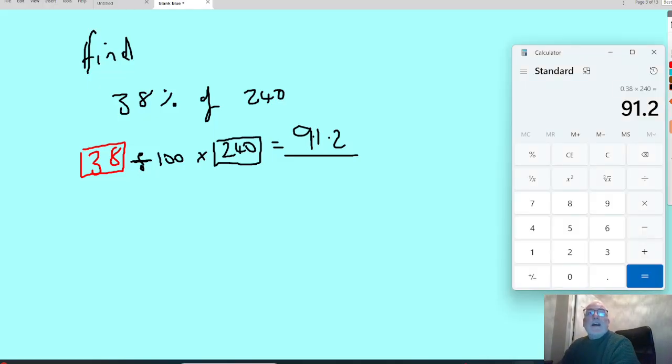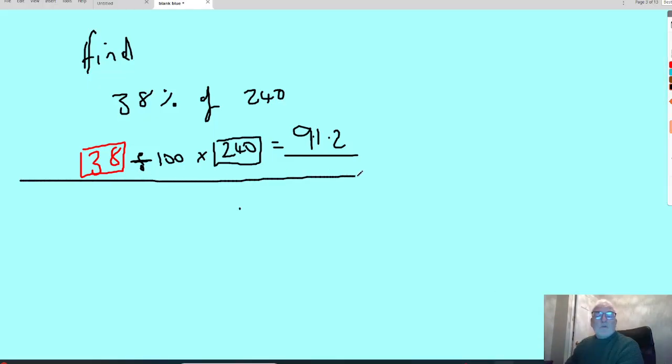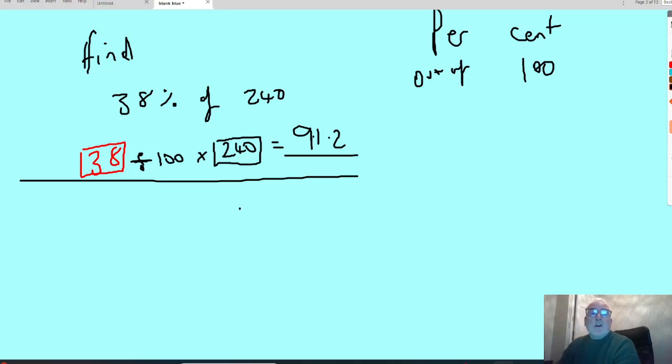And that will work for any percentage. Always remember that while percent means out of 100, you can have more than 100%. It doesn't always have to be under 100%. So let's say on this question we wanted to say, what's 230% of 250?